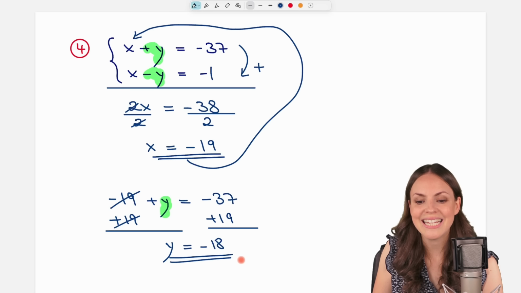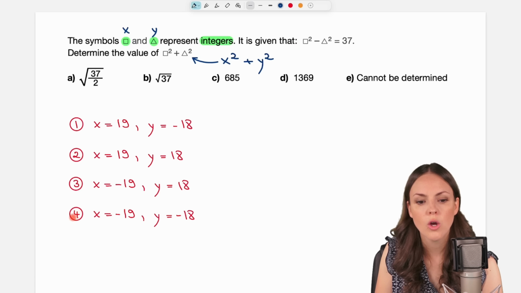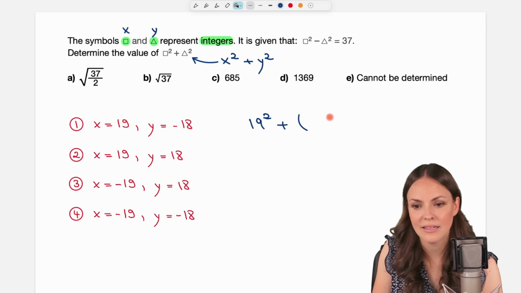So let's take all these solutions we've just found here. These are all the different solutions for these 4 cases. What was it we wanted to find again in the end? This expression here. So we wanted to find x squared plus y squared. So let's see what it would be in the first case. X was 19, so we would take the 19 and square it, plus take the negative 18 and square it.